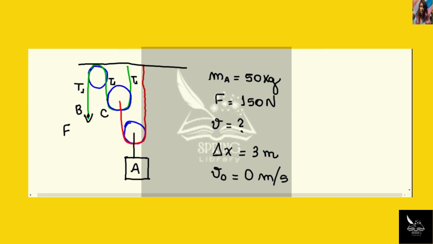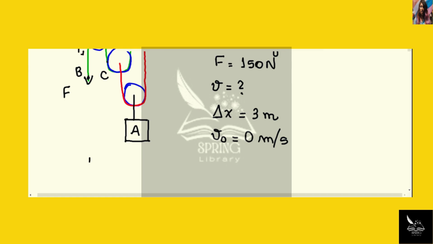Now, since the force that's being applied at point B downwards is F, then the tension T1 must be equal to the force F, since the string is massless. This happens because we have the force F pulling the string down and the force T1 pulling it up.